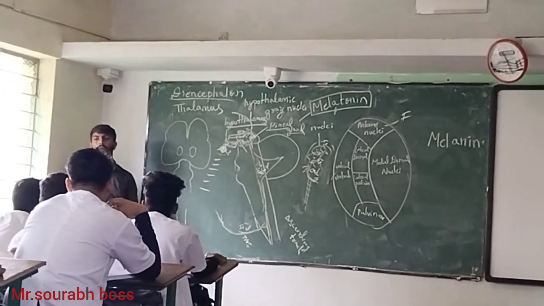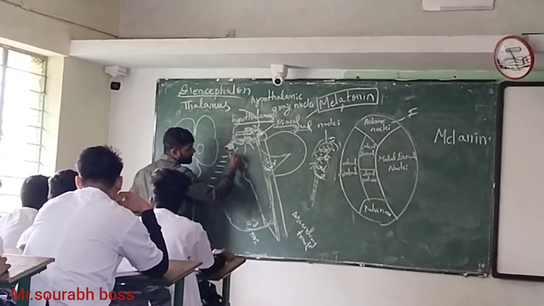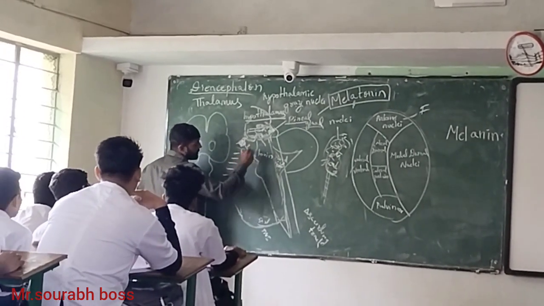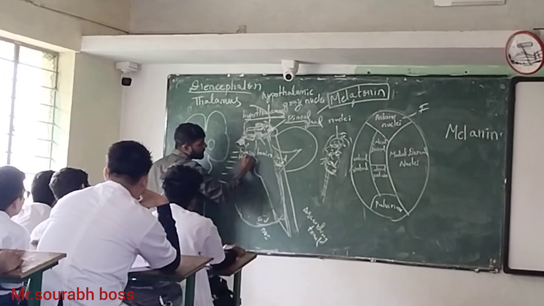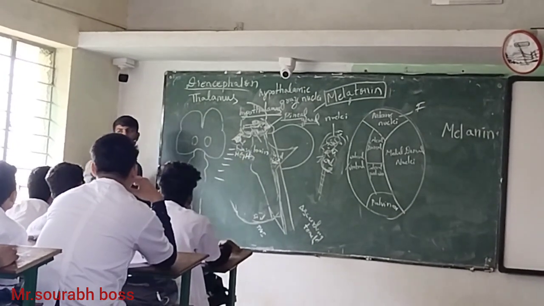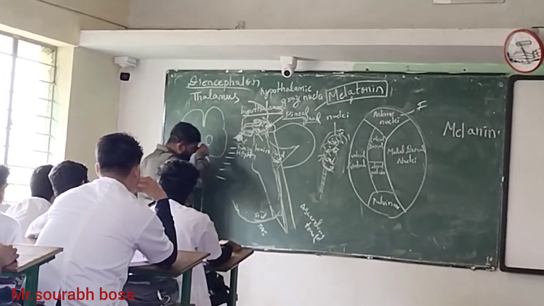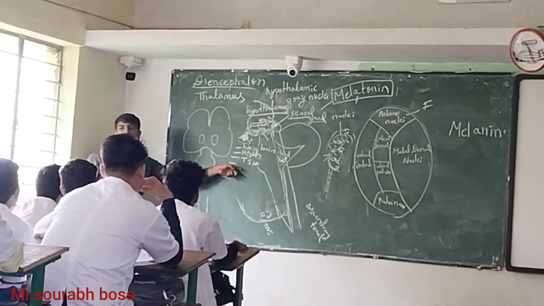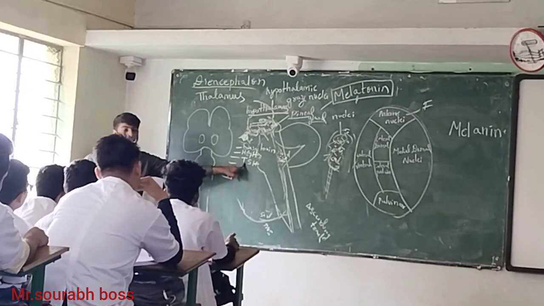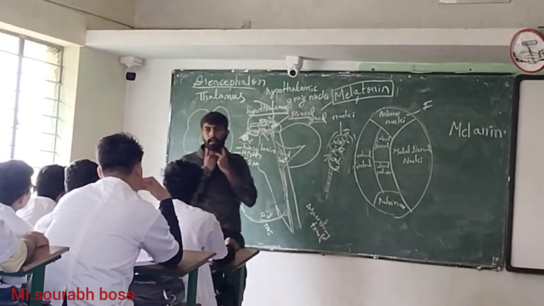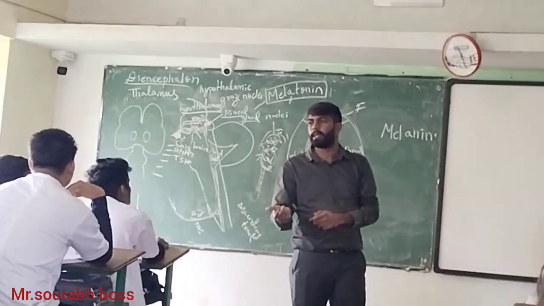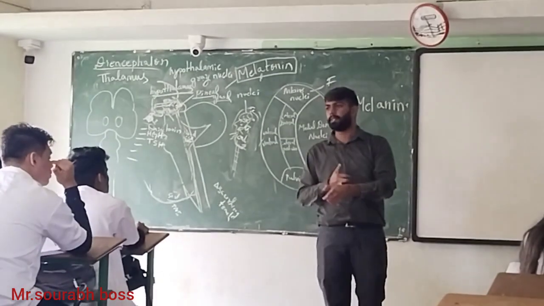This pituitary gland can produce oxytocin, then human growth hormone, then TSH, thyroid stimulating hormone. This thyroid stimulating hormone goes to the thyroid gland. Then the thyroid will produce T3 and T4, nothing but triiodothyronine and thyroxine.